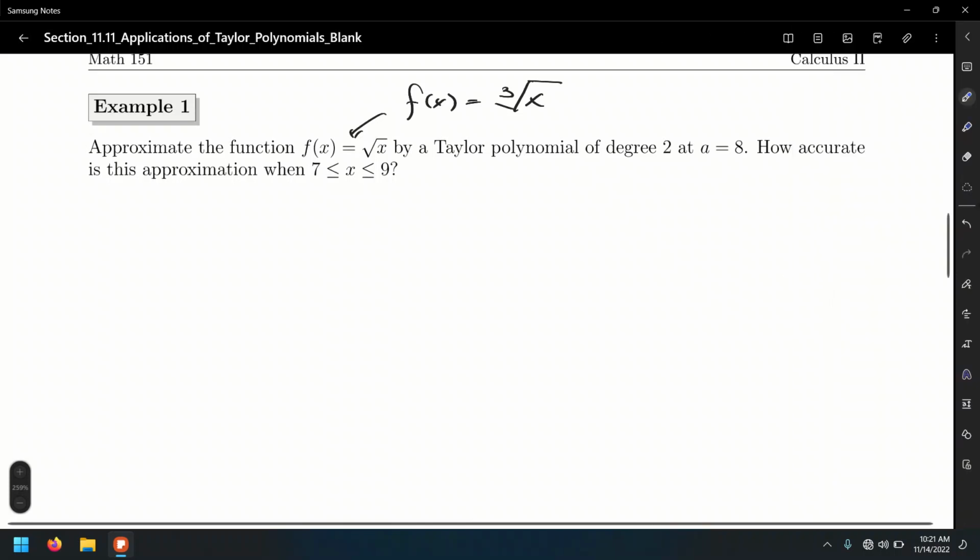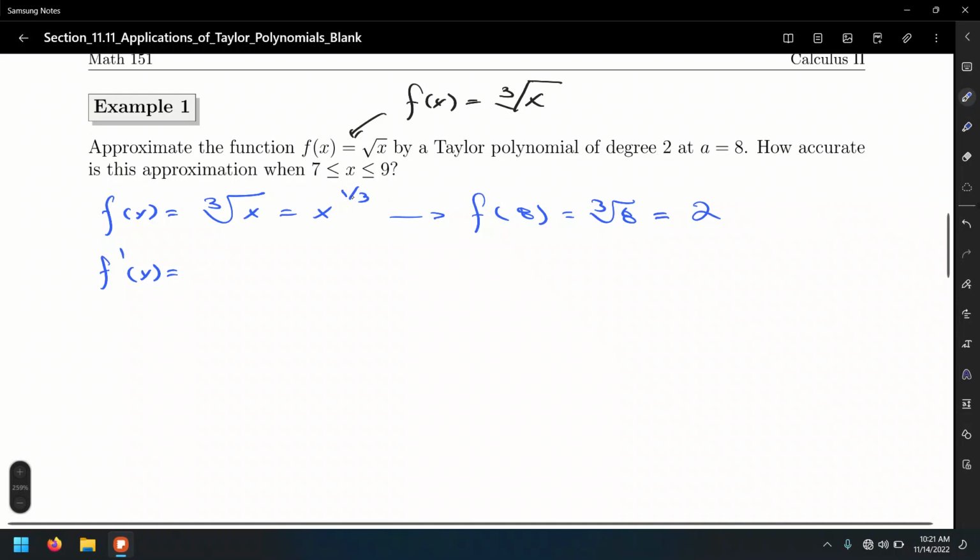So number one, we're going to obtain a Taylor polynomial of degree 2, and then we're going to see what happens with the next term. So f of x equals the cube root of x, and I'm going to rewrite it as x to the 1/3 because we're going to take a few derivatives here. Then evaluate f at 8, that's the cube root of 8, which equals 2. Let's take the first derivative.